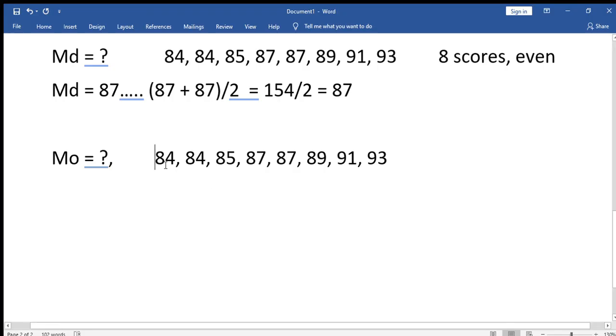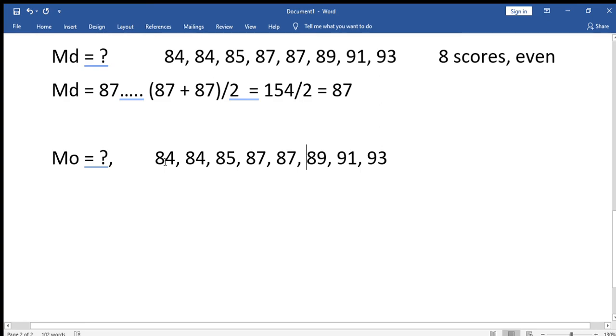So from here, 84 occurred 2 times, 85 occurred just once, 87 also occurred 2 times. Then for 89, 91, and 93, they only occurred once.